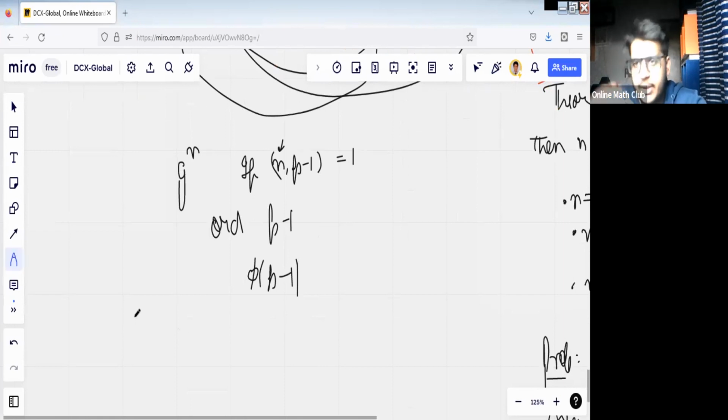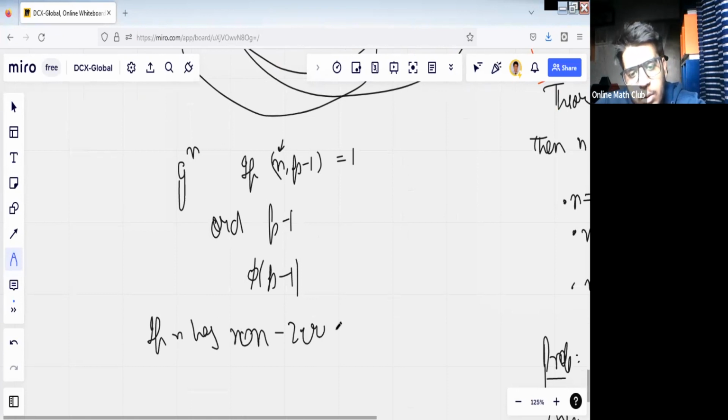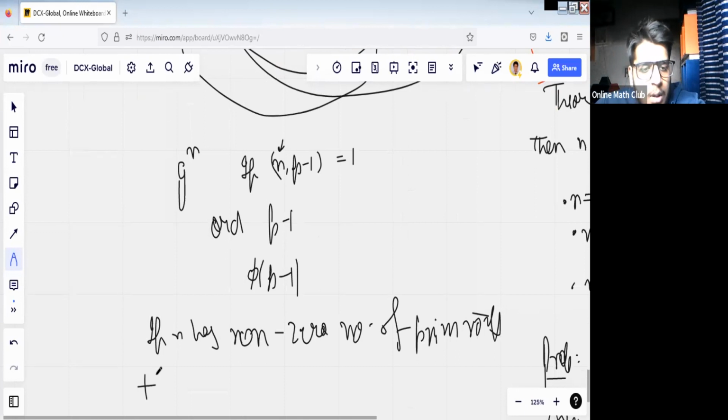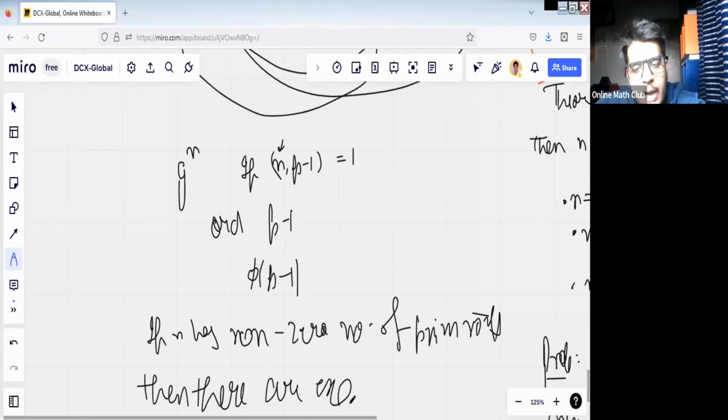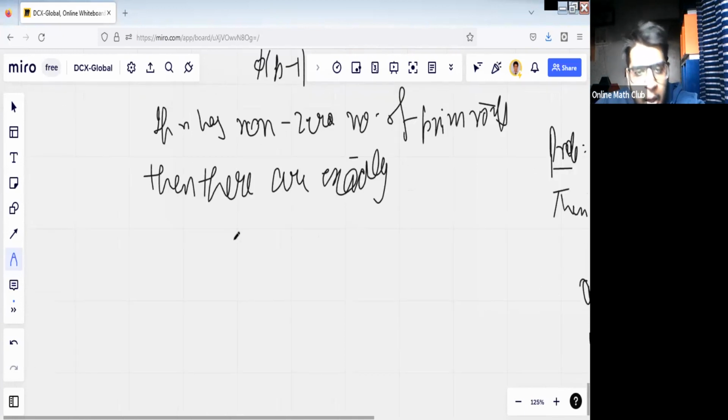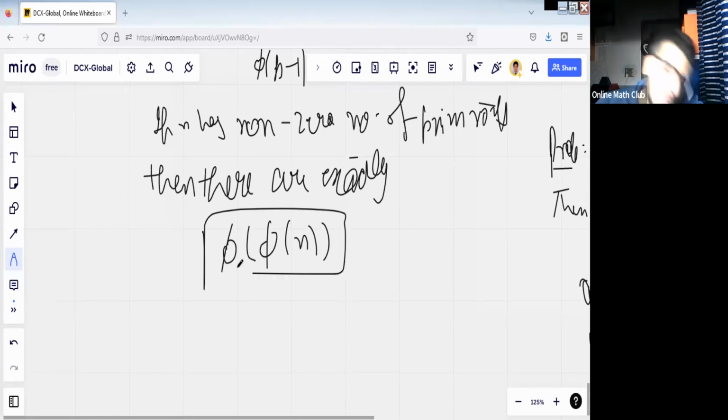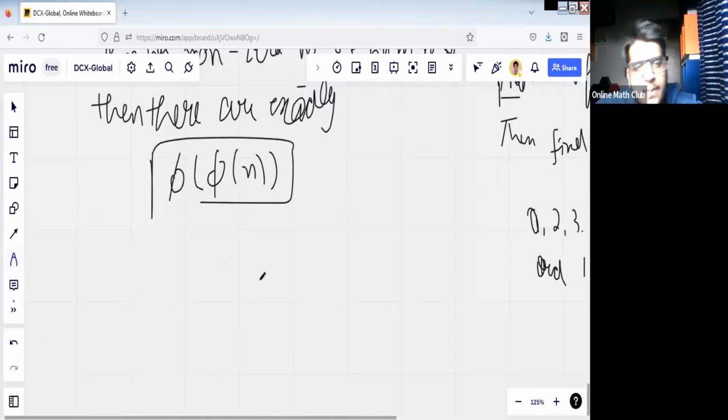On this idea, you can say in general that if n has primitive roots, then there are exactly phi of phi of n primitive roots. This is not that important a result, but a result worth remembering, I guess.